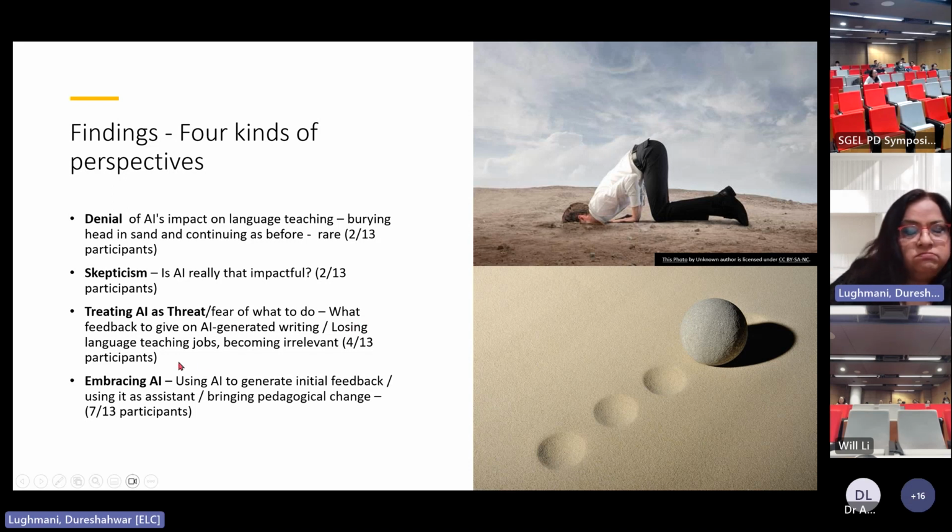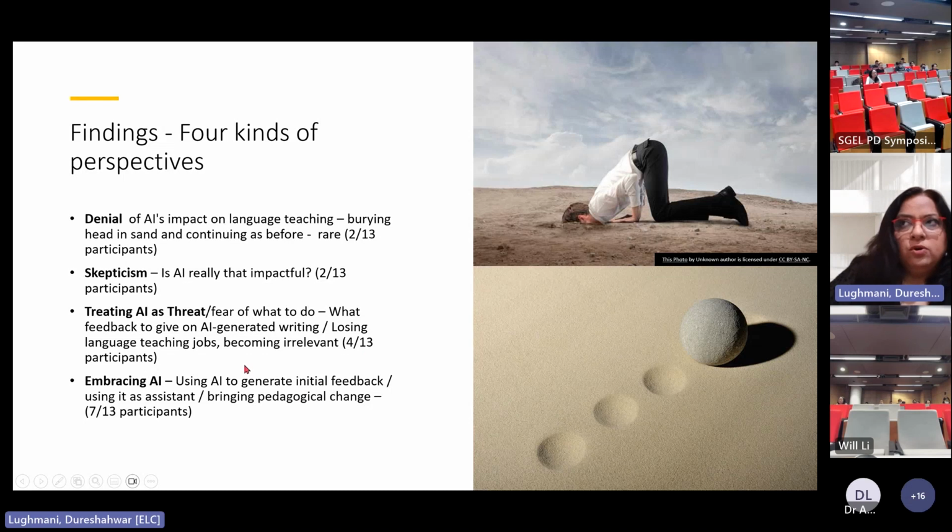And they were not sure what feedback to give on writing, how to recognize and give feedback on AI generated writing. They were worried about losing their jobs. They were worried about becoming irrelevant.